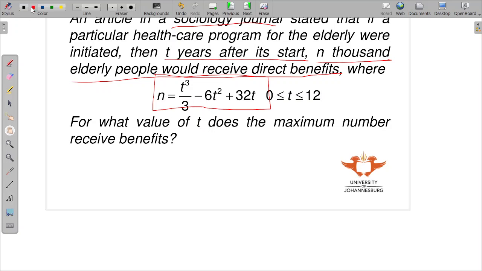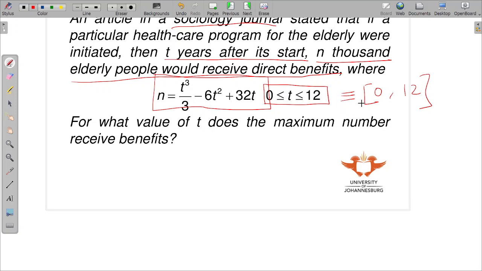Okay, you will notice here they gave us the function already, and the interval is a closed interval. Please take note of that. You can write this as this, it's the same thing.